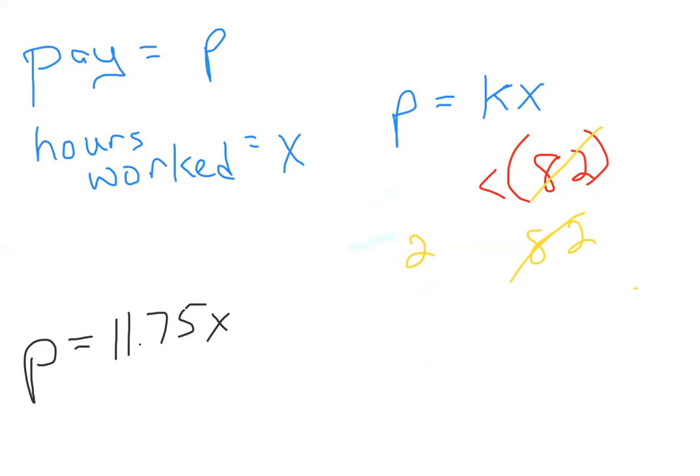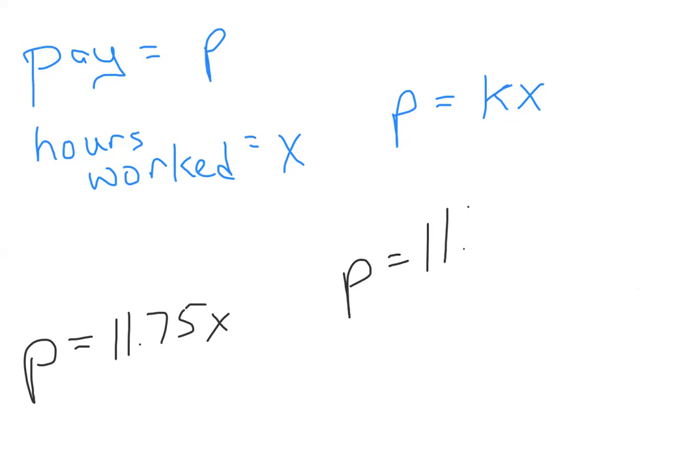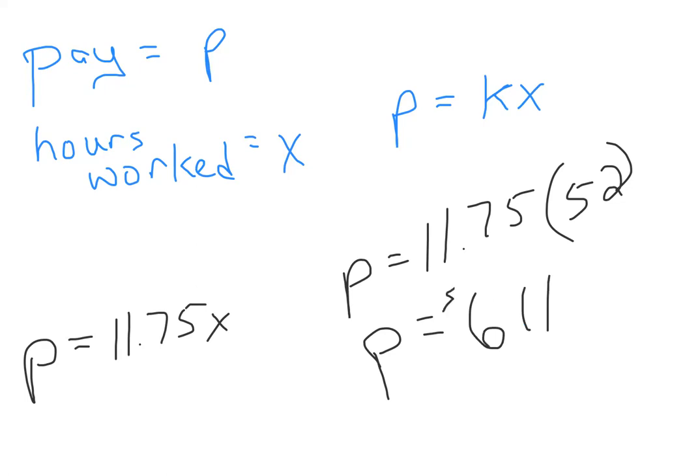I'm going to use my new model, and I'm going to plug in 52 for my X, because X represents hours worked. And I'm keying into my handy dandy calculator. And Kevin's going to make $611. What do you think? Straightforward enough?